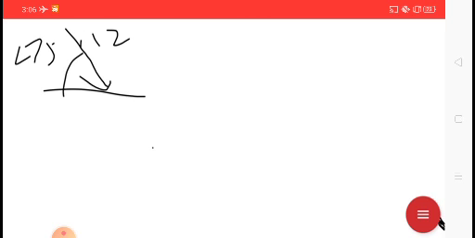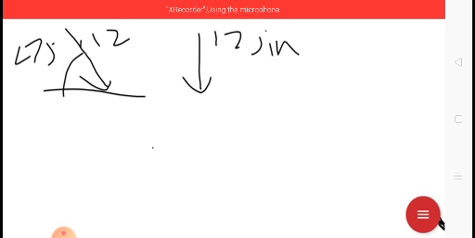For this situation, you can form a vertical component of 12 sin 75.